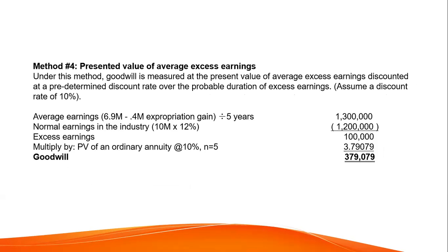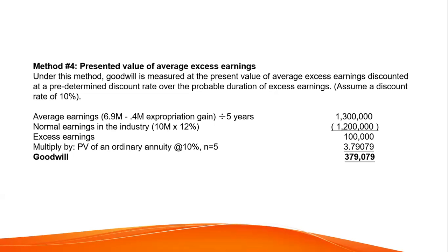Now, method number 4 is the present value of average excess earnings. Under this method, goodwill is measured at the present value of average excess earnings, discounted at a predetermined discount rate over the probable duration of excess earnings.